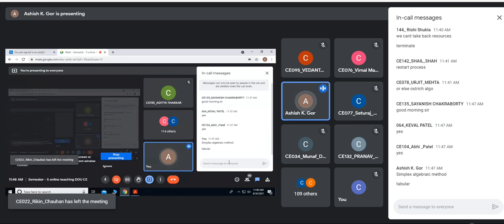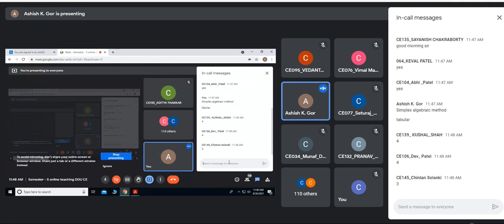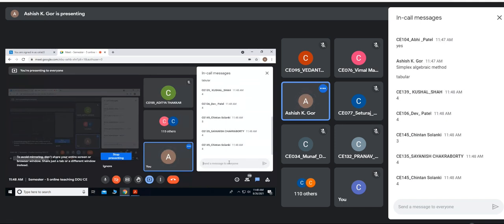So yesterday, whatever the example that we did, how many iterations were there? Total, how many iterations were there to get the answer? Okay, fine. So three or four you are saying, right?